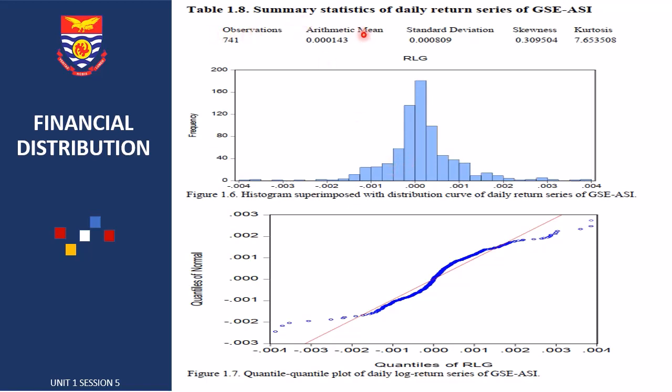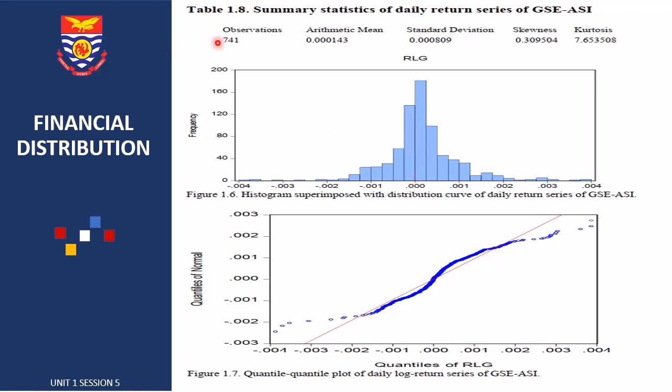And also the results from the summary statistics indicate that we had 741 observations, and the arithmetic mean, which is the center, simply has to do with the average return.